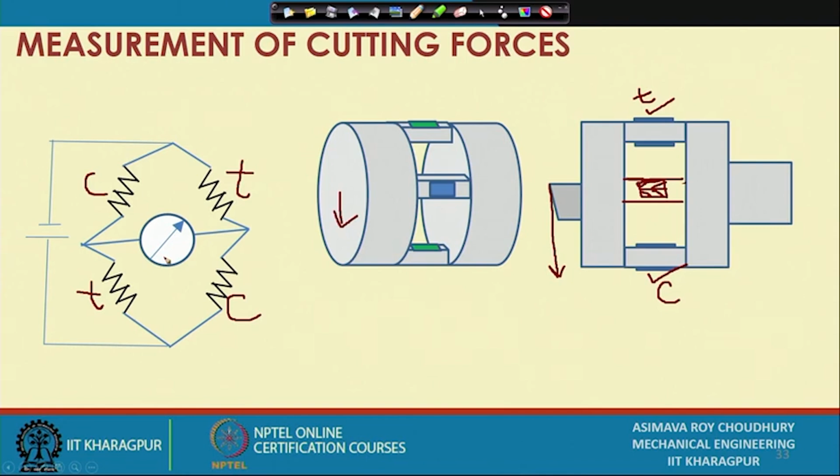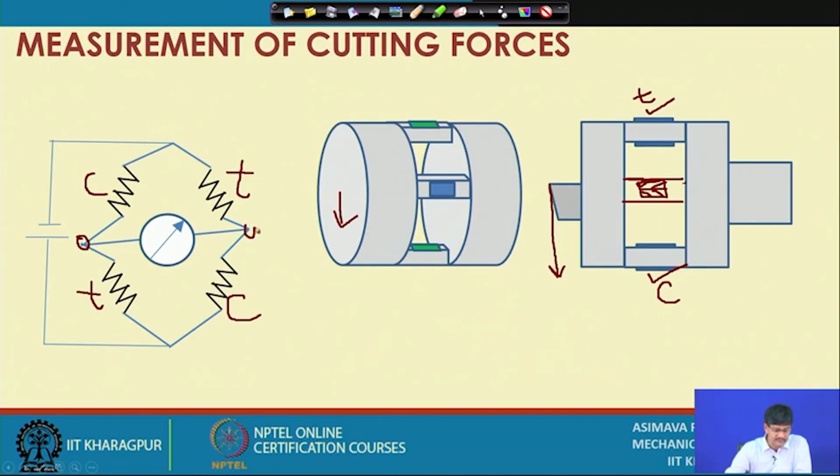But what does it point to? It points to the fact that at this point and this point, the voltage values are the same, because the voltage drop through this, through that, and through this, through that, they are the same. But the moment we put these two under tension, I might be connecting, say, T1 here, and C1 here.